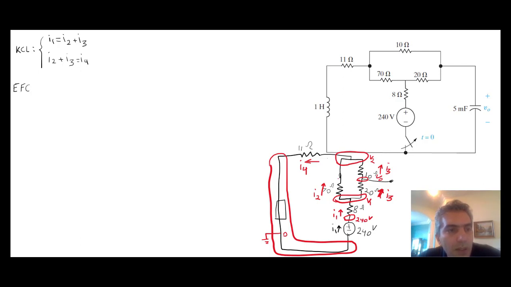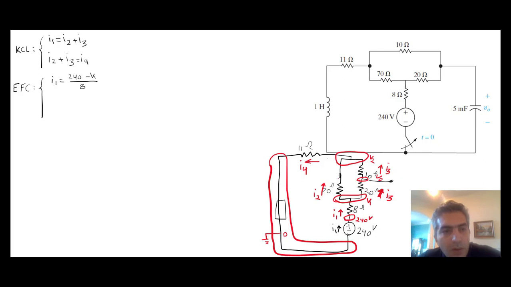As we explained, there's an equation for each one of the components in any circuit. We have 1, 2, 3, 4, 5, 6 components here. The equation for that component, I already used it to conclude that that's 240 volts. So there are 5 equations left. They're all resistors, and the equation that describes the physics of a resistor is basically just Ohm's law. Start from the bottom, the 8 ohm: I1 is equal to 240 volts minus V1 divided by 8.